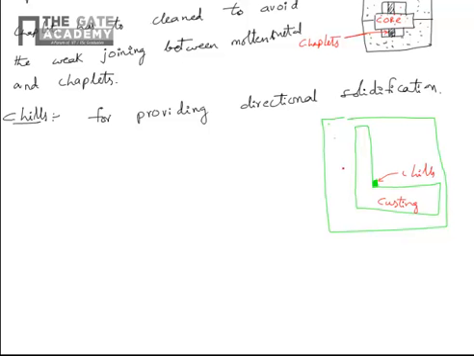This is a mold, a sand mold. So the purpose of chills is to increase the heat transfer, which helps us cool very fast.